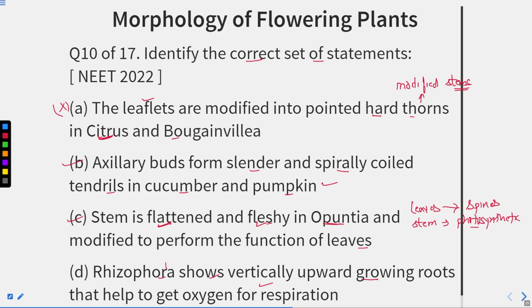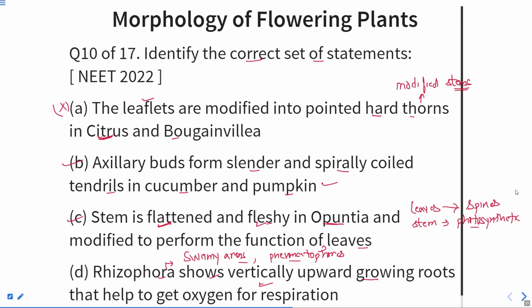Rhizophora lives in swampy areas, and they show the presence of pneumatophores. What are pneumatophores? Pneumatophores are vertical, upward growing roots which help to get oxygen.